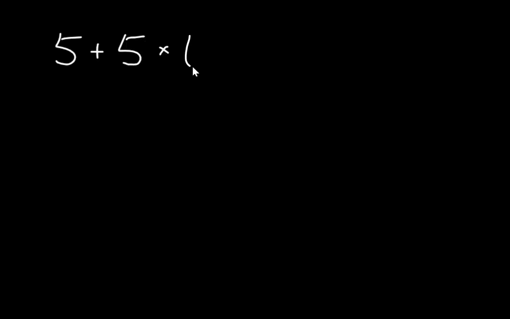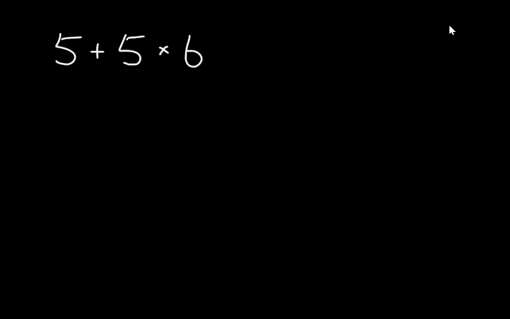Times 6. Let's just do that problem first. Just pause the video and do it if I'm not giving you enough time. I'm going to do it in like 3 seconds. 1, 2. Let's do this. So first of all, we go to the acronym. Are there parentheses?